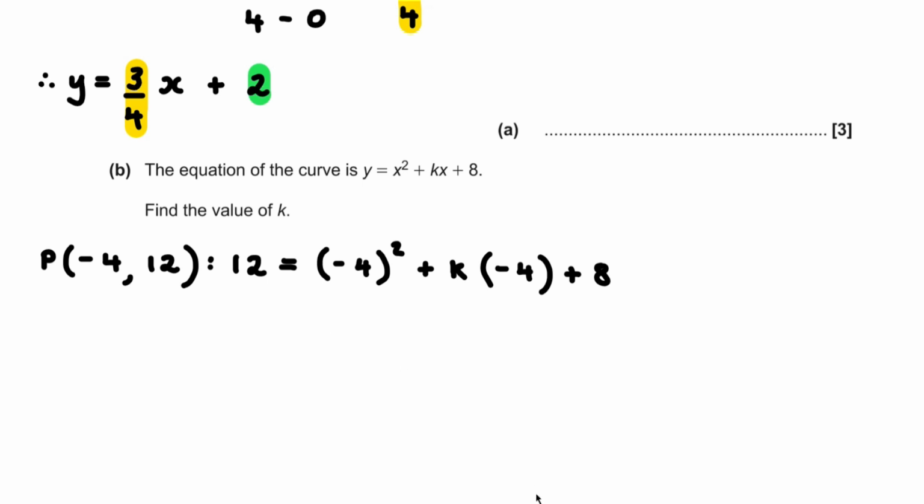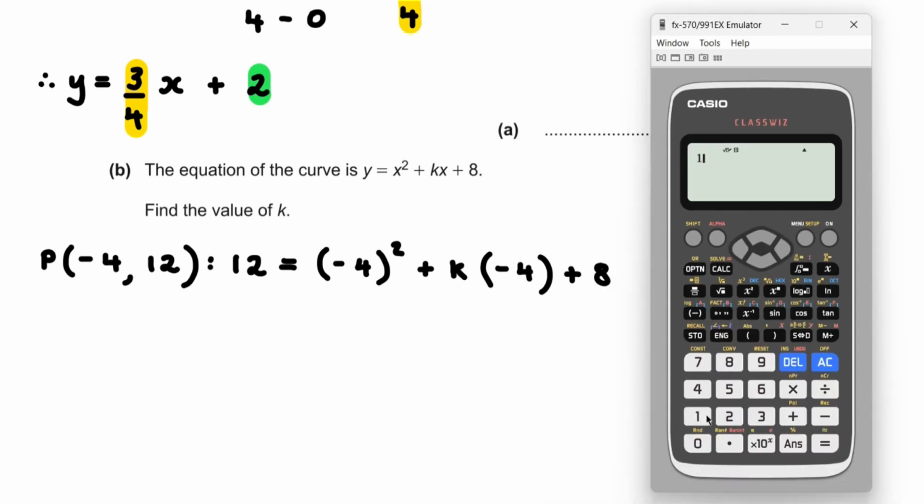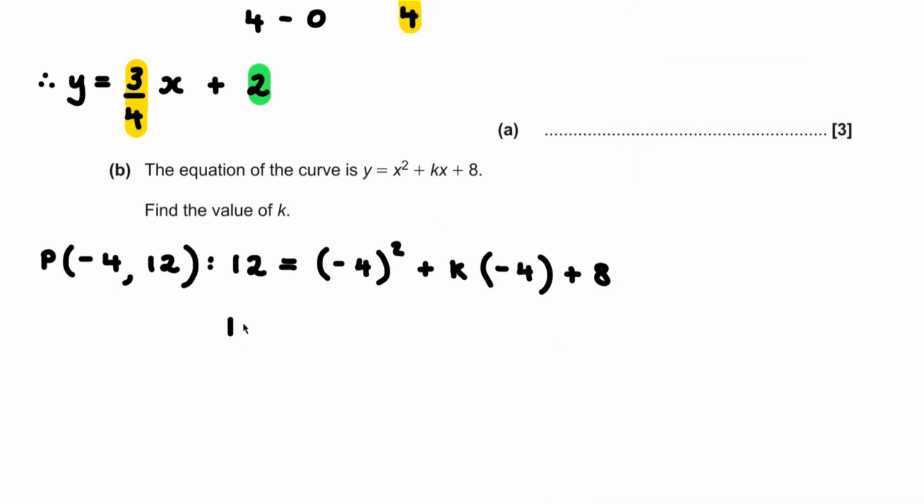So what do we have here? Well, I've got 16 plus 8, which is 24. So I've got 12 equals 24 subtract 4k.